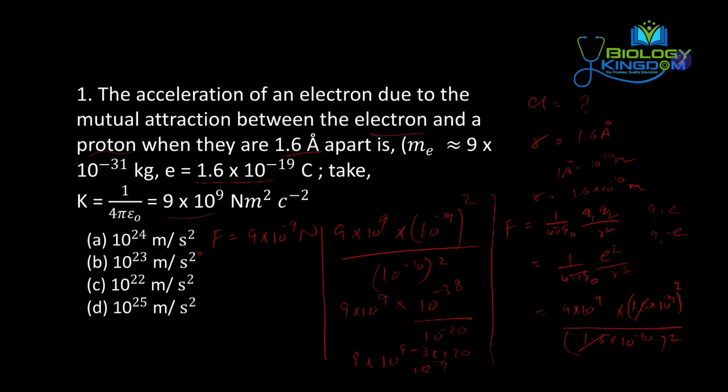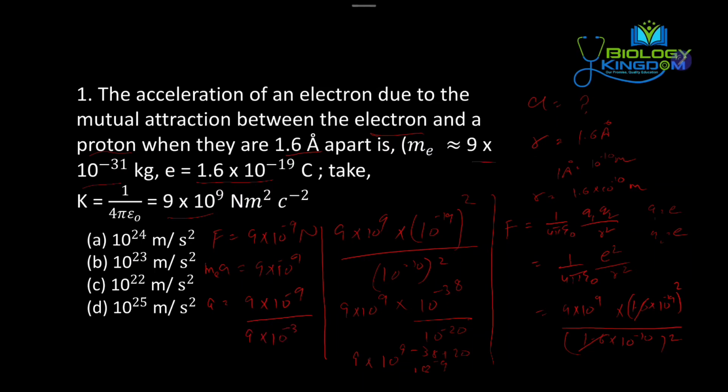Now we have to find the acceleration. We know that from Newton's law, force is equal to mass into acceleration. And whose mass are we talking about? We are talking about mass of electron. And the force value is this. Now we have to find the acceleration, so we will divide by the mass on the other hand side, and the value of mass is 9 into 10 raised to power minus 31.